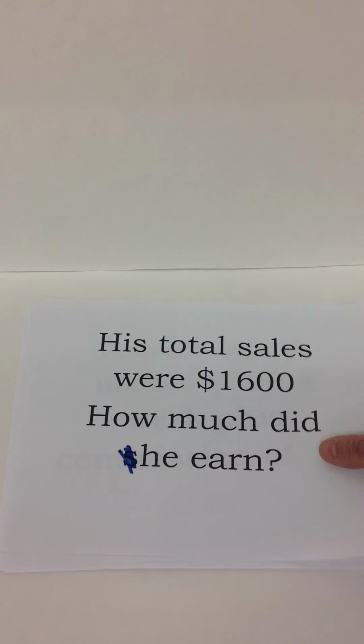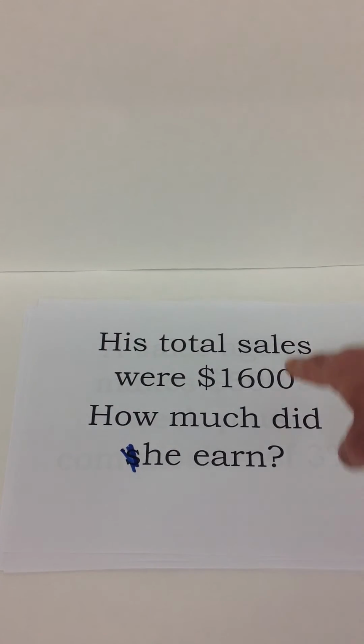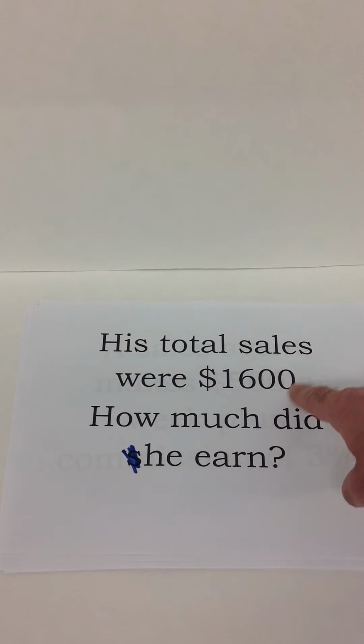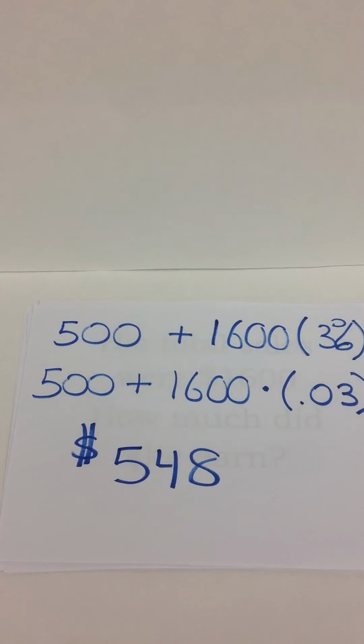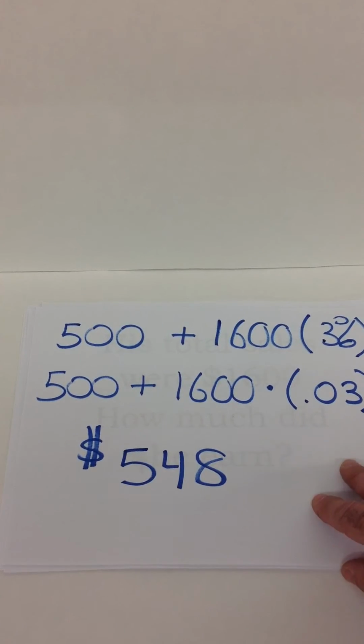So he sold $1,600 worth of stuff. He's not going to get $1,600. He's going to get 3% of $1,600. So he's going to make $500, plus 3% of $1,600. We want to make 3% 0.03. That's how we multiply percents.